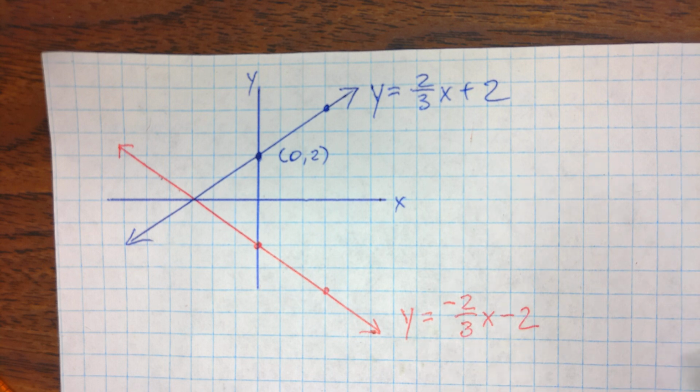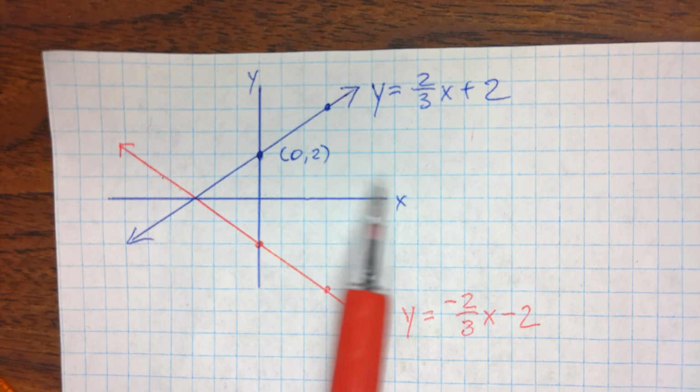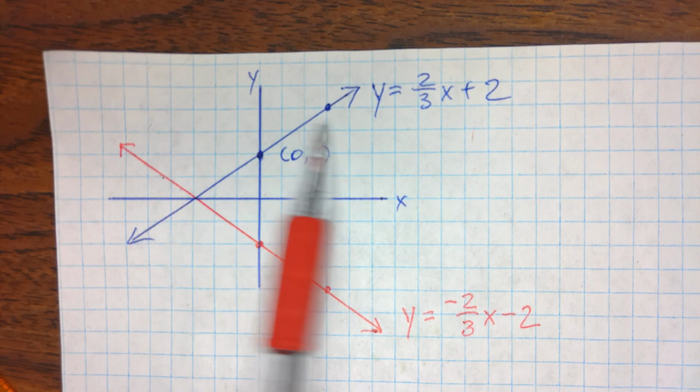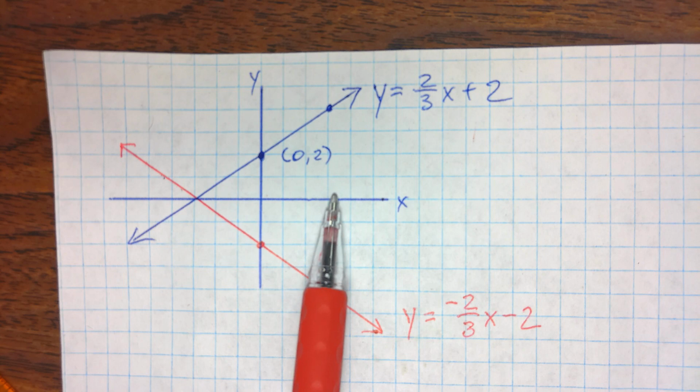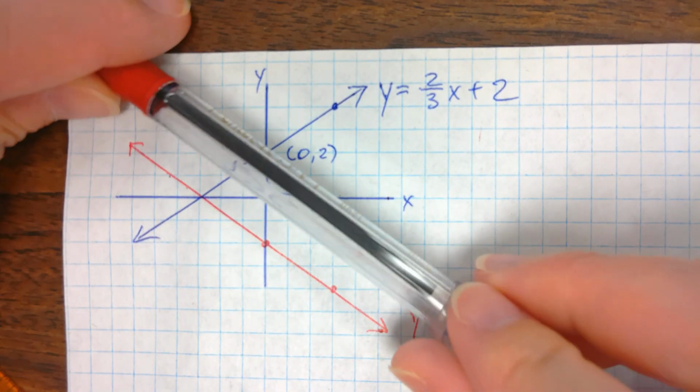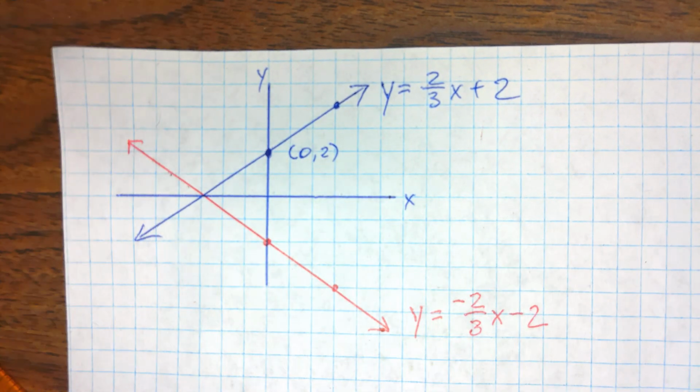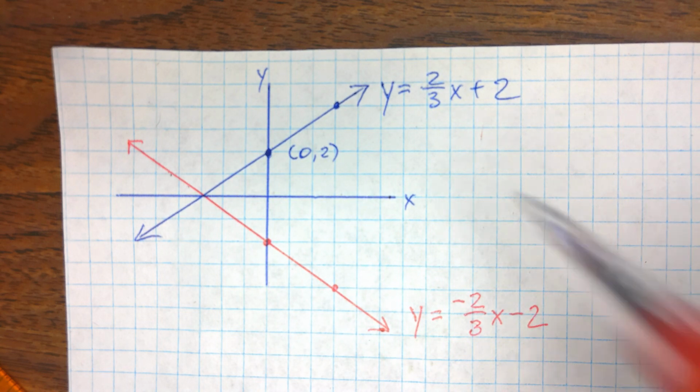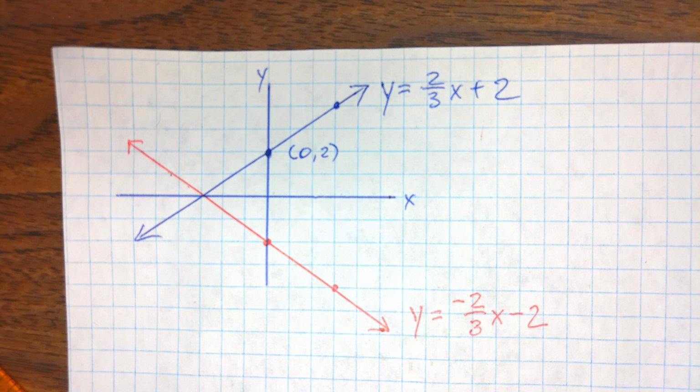And then if you were to do a reflection over the y-axis, you'll get a totally different line. Right? You'll get a line that goes this way, like this. But again, the steepness of the line doesn't change. Okay, so is this possible on the test or on the assignment? Yes. So it's not necessarily only at 0, 0.